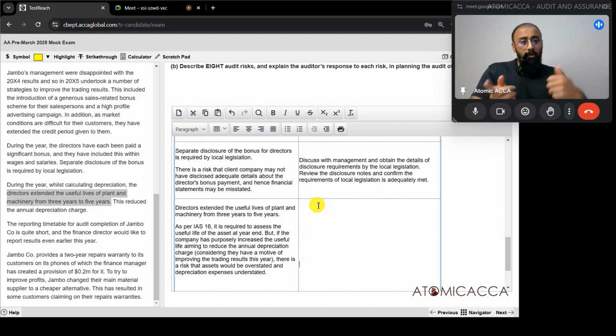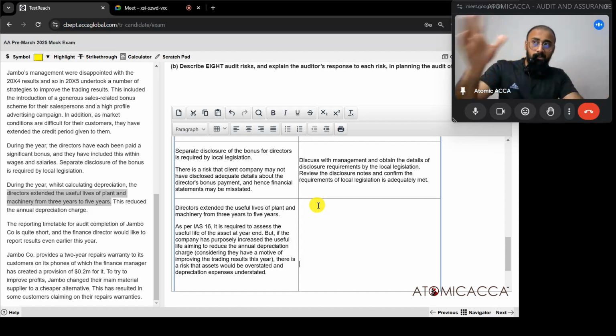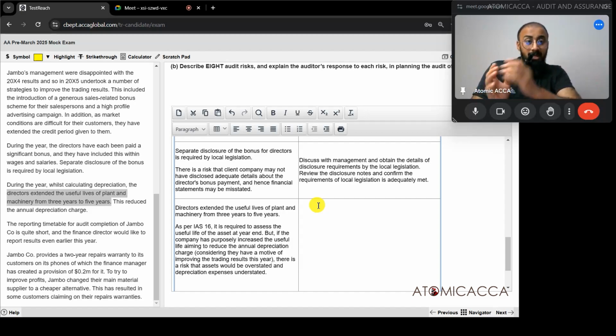Or I can call a property valuation expert from outside and bring them in and ask them, for this kind of asset, what could be the useful life for it. So I have multiple ways of understanding what could be the actual useful life of the asset. Then only I am going to trust what the management is saying. So first round of discussing with management is only for namesake. We're not going to actually believe what they're telling completely. So we need more solid evidences to find this.